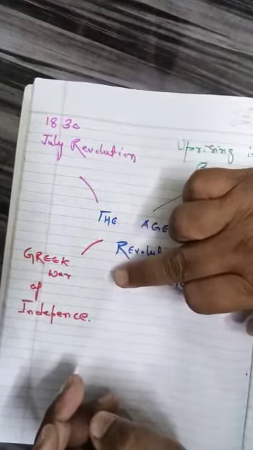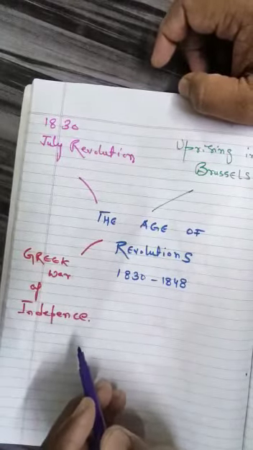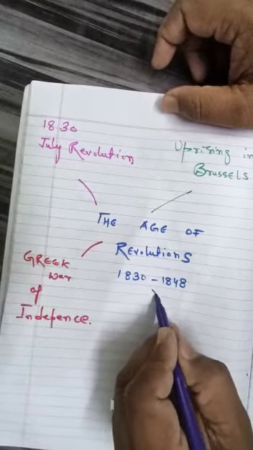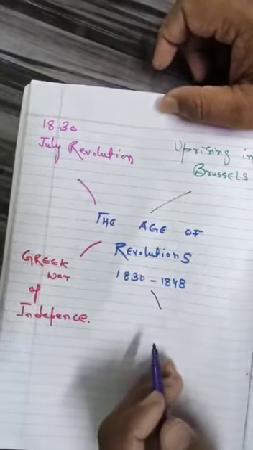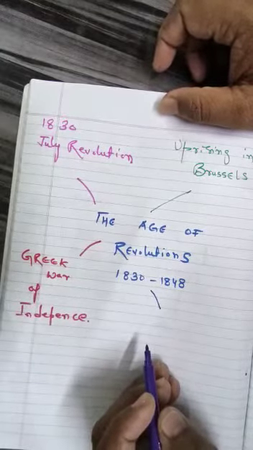Next, the Greek War of Independence: in Greece, the independence struggle started in 1821, and by the Treaty of Constantinople of 1832, Greece was an independent nation.